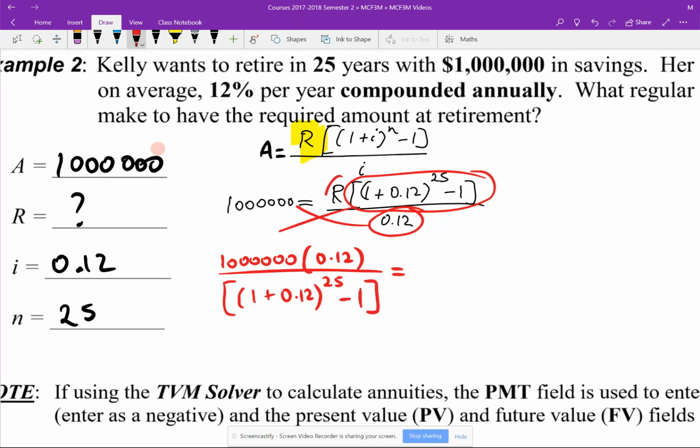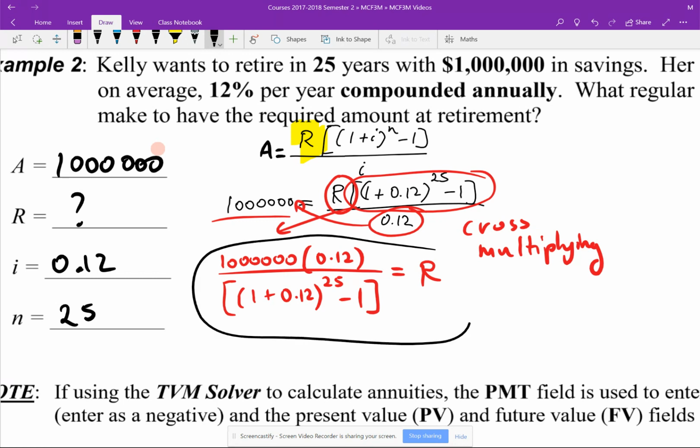That's going to equal R. All I'm doing here is just cross multiplying. The denominator goes up here, this square bracket goes down here when you divide on the other side. And then you get your R.